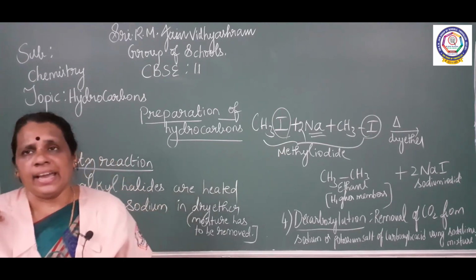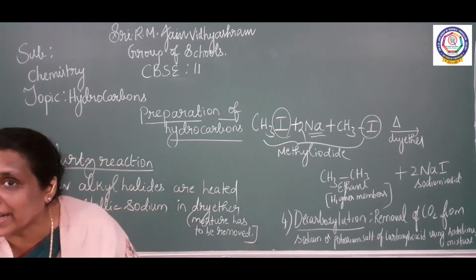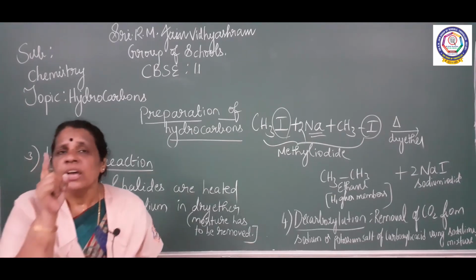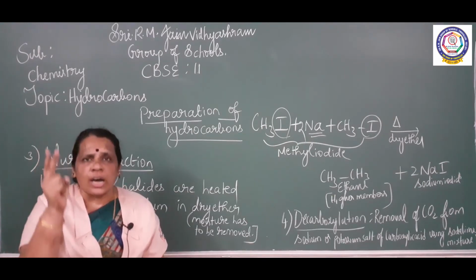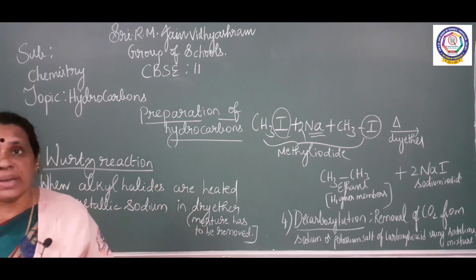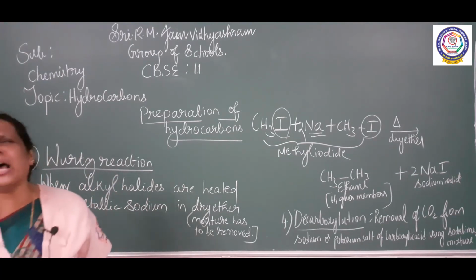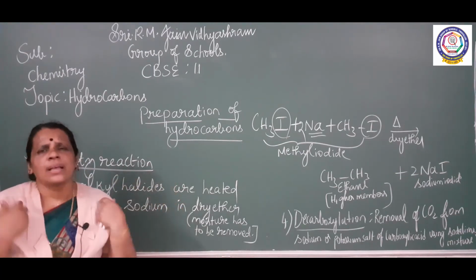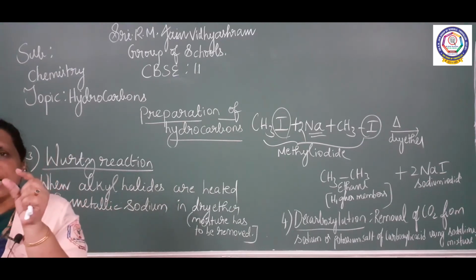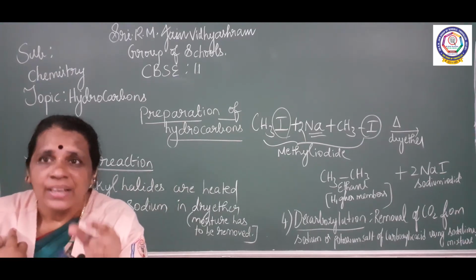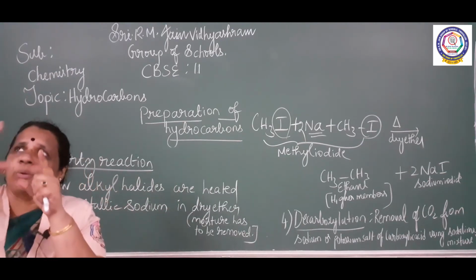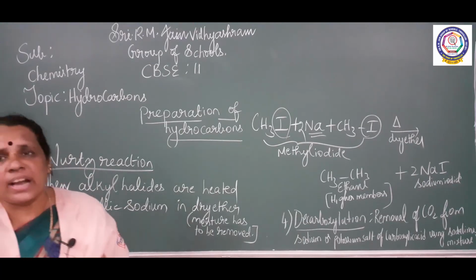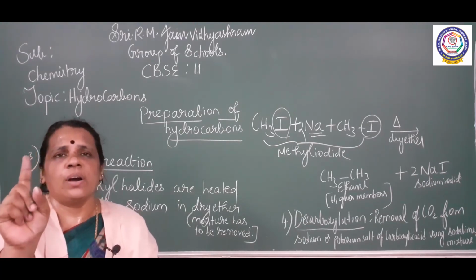I will be getting the hydrocarbon with one carbon. Why? Because I am removing one carbon as carbon dioxide. That one carbon will go off, so only one carbon is left over.